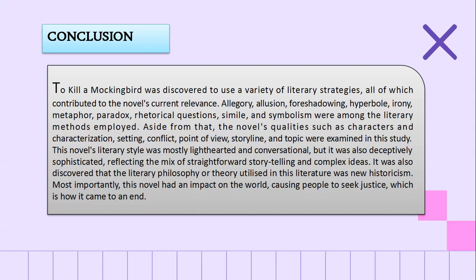The work continues to speak to new generations about tolerance and justice as a forceful declaration of the civil rights movement. Lee was awarded the Presidential Medal of Freedom by President George W. Bush in 2007 for her big contribution to American literature and American society.